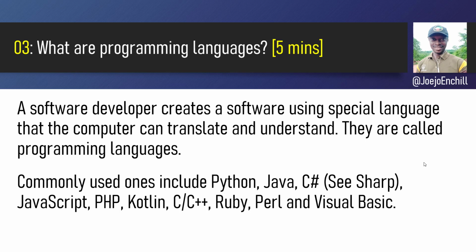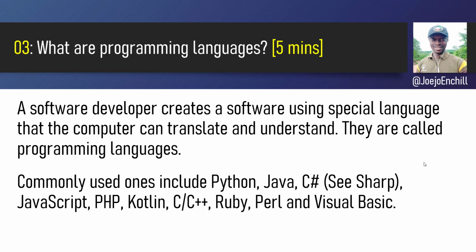This is what we refer to as programming languages. They are not computer languages per se, they are not human languages per se, but they provide a bridge between human languages and computer languages.